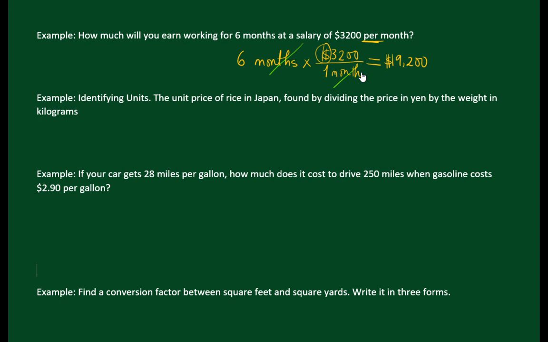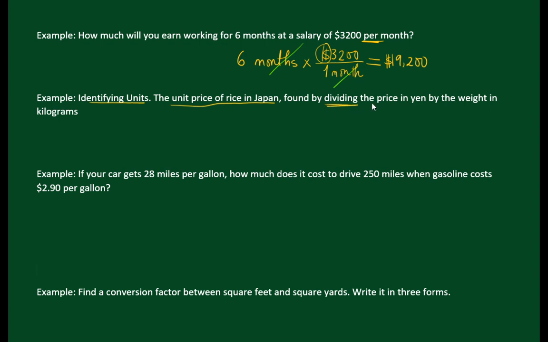for this problem. Now the next example is about identifying the units for a certain quantity. It says the unit price of rice in Japan. For example, in the United States, the unit price is given in dollars per pound. Once you look at the weight of grapes, or the weight of apples, the unit price is dollars per pound. Now here, everything is explained really clearly.